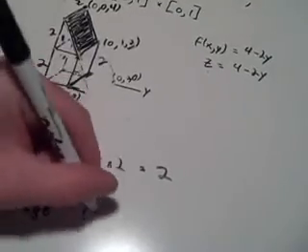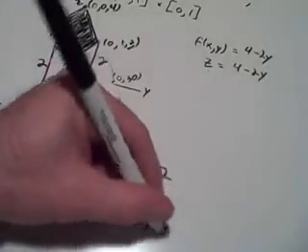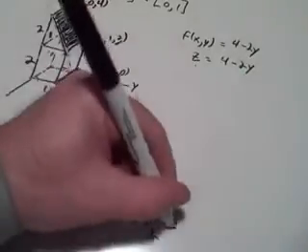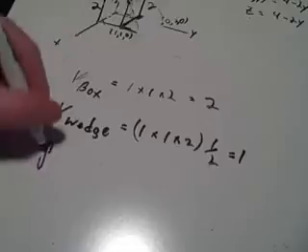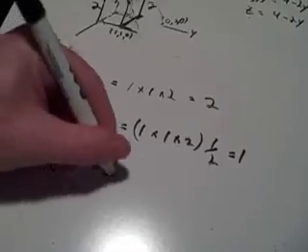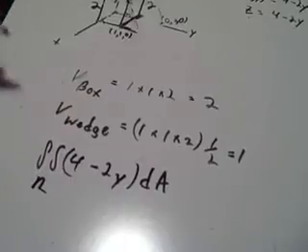So that's 1 by 1 by 2 times 1/2, or just 1, which means the double integral is just the sum of those two volumes, which is 3 cubic units.